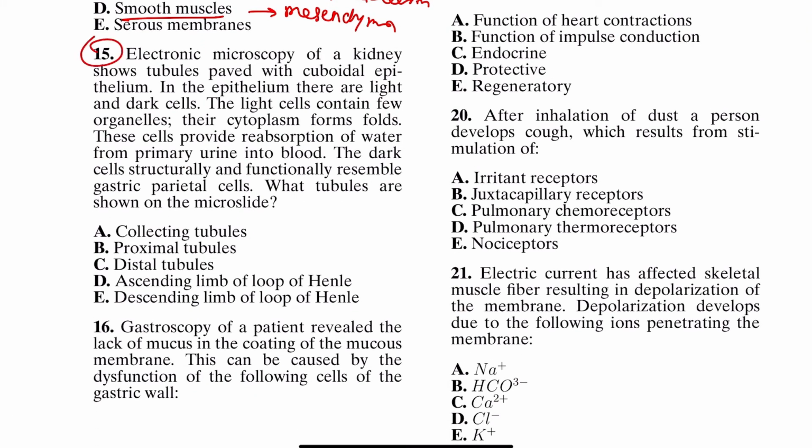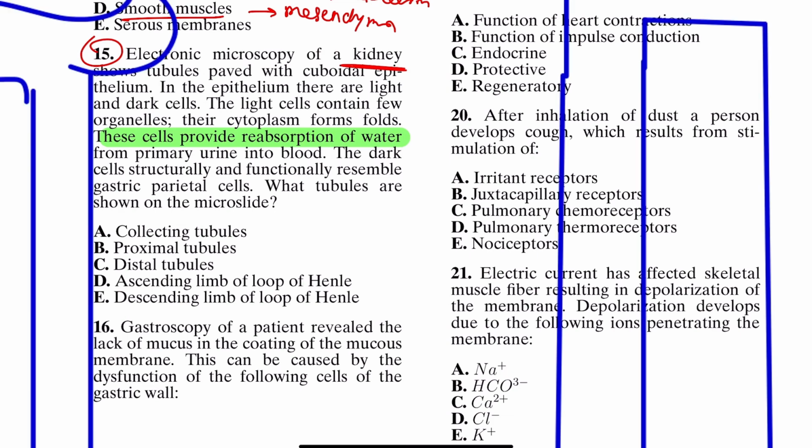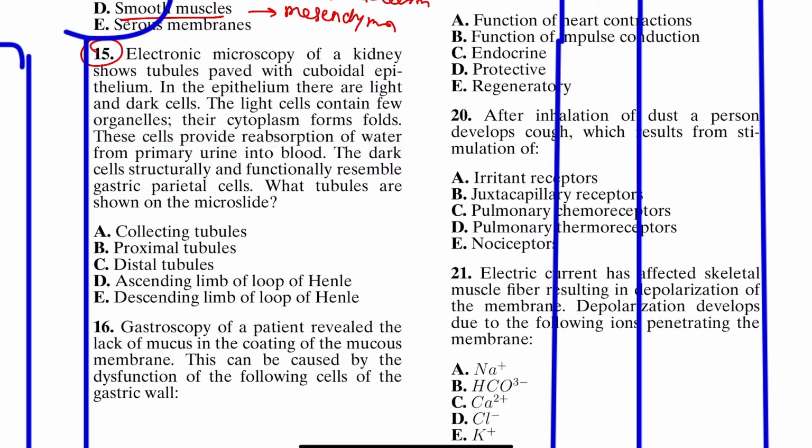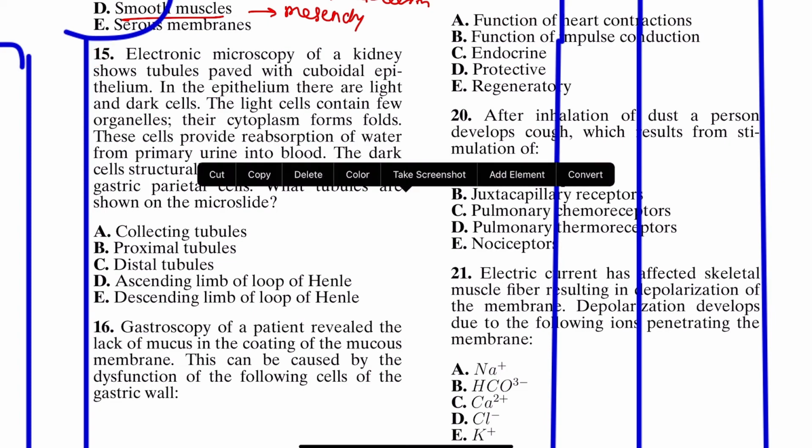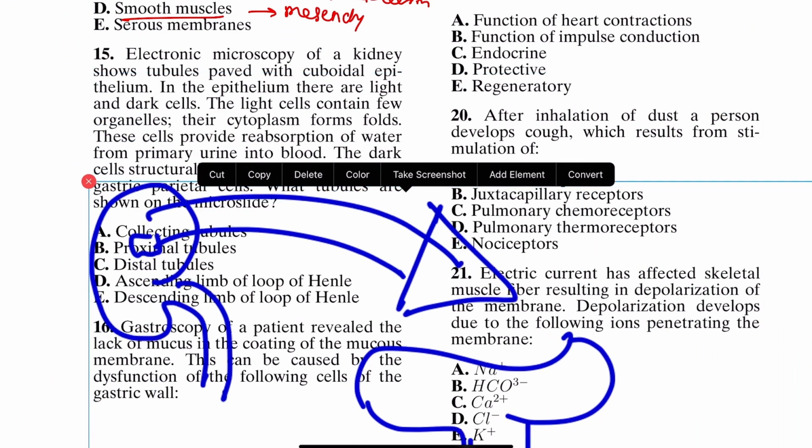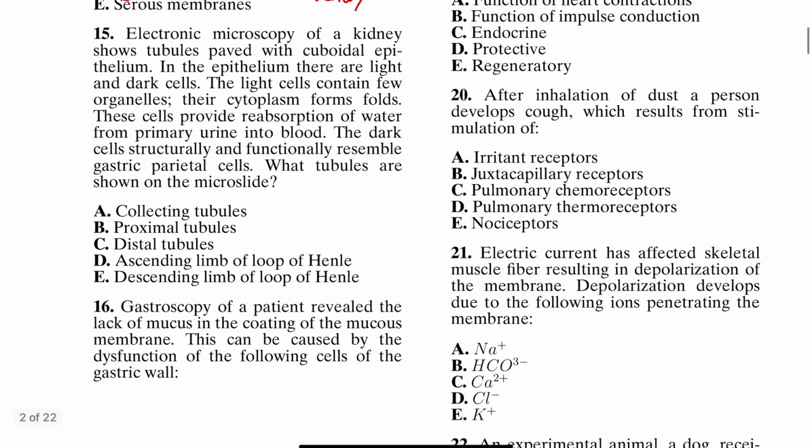Here we see a long question about kidney histology, okay, and they want the cells that provide reabsorption of water. So the cells that will do reabsorption of water from the urine into the blood, what are they?